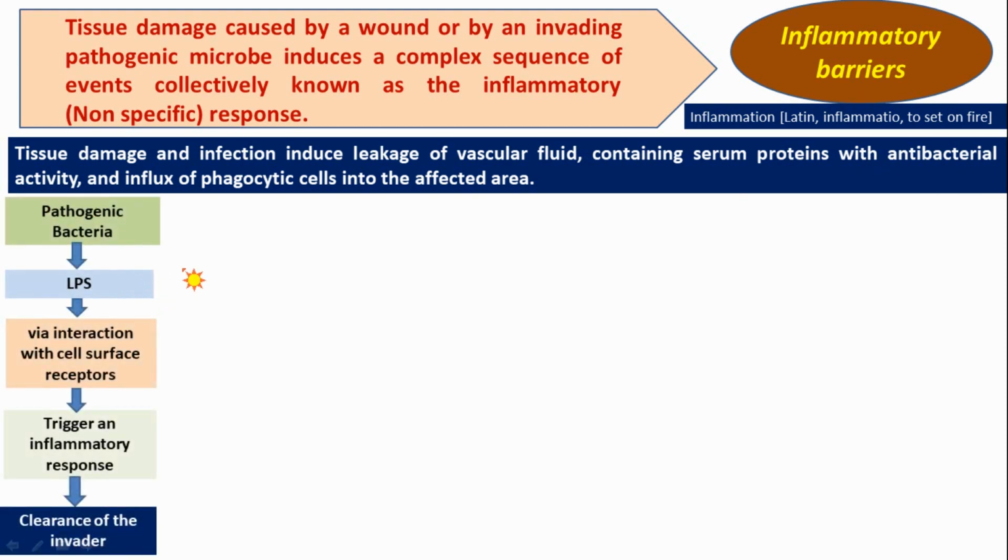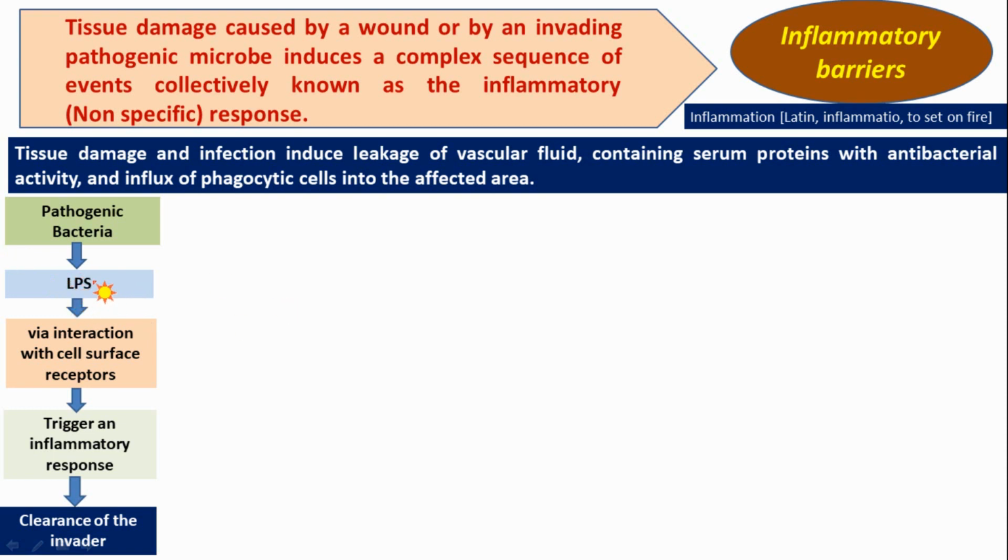Suppose there is a pathogenic bacterial infection along with tissue damage. If this pathogenic bacterium is gram-negative, then on its surface there will be LPS, lipopolysaccharide. In our previous video, we already discussed that these lipopolysaccharides are also called pathogen-associated molecular patterns, PAMPs.